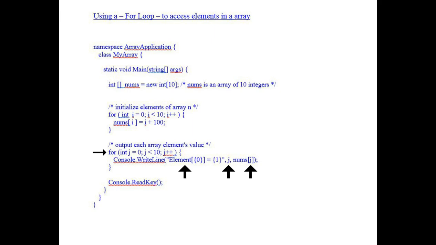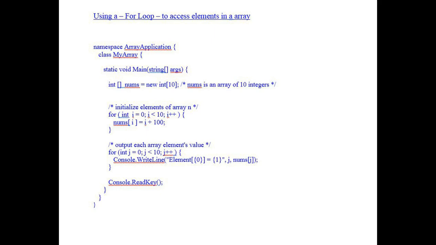So this will iterate again 10 times, and then once j is greater than 10, then the for loop will terminate, and the console.ReadKey statement will be executed. And this console.ReadKey simply allows us to view the console window after the program has terminated.